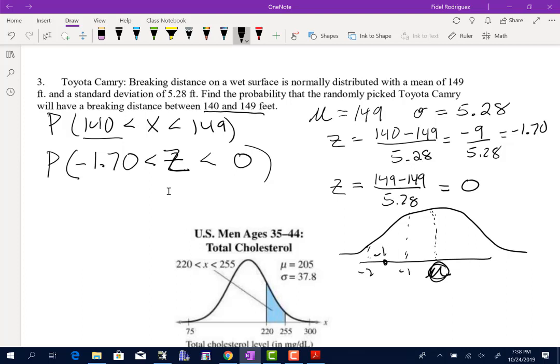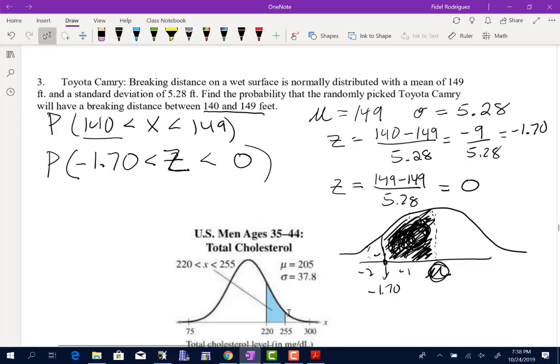We're looking at negative 1.70. And we're trying to find the area between that piece, right? So if I wanted to find the area in here, remember guys, the z table always tells me the area which way again? To the left, right? Always to the left.